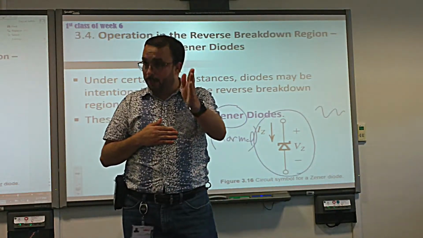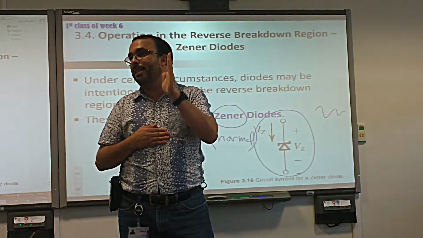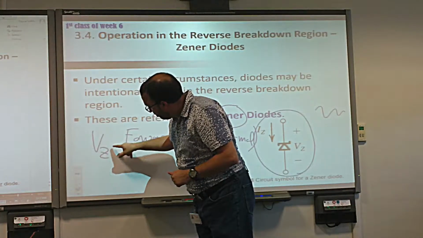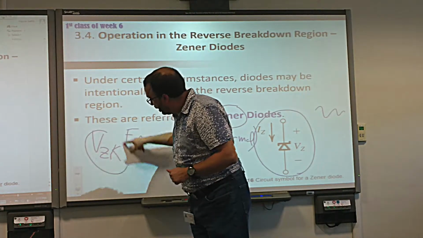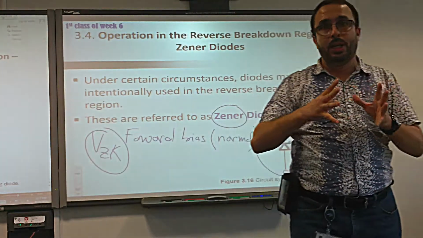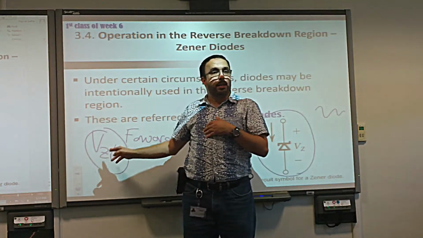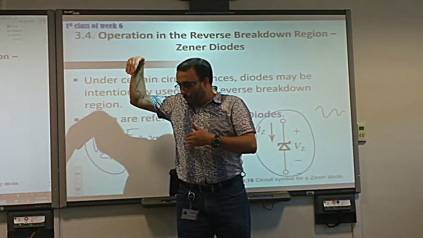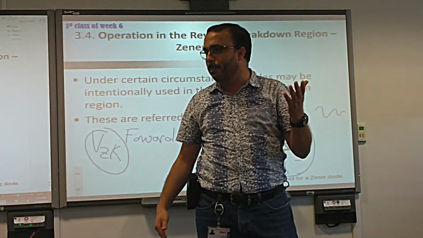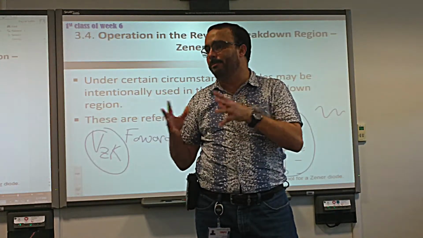It is less than, that is true, but less than what? The Zener knee voltage, VZK, remember? This voltage, VZK. We said that if the reverse bias of the diode is higher than the Zener knee voltage, then boom, the current will increase too much in the reverse bias, and we call that area the breakdown.